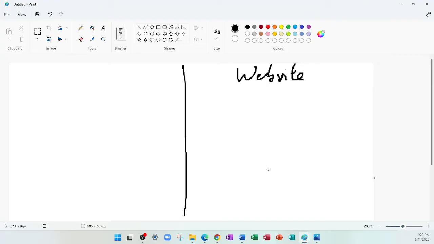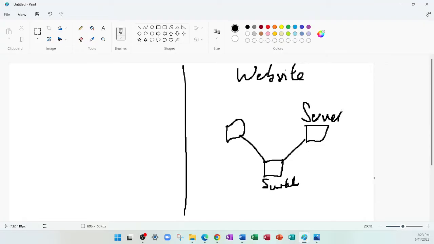Every network configuration around the world follows what we've been learning so far. They're going to have a switch, and then they're going to have their computers connected to the switch, creating their network. Now on that network, they're going to have a server, and this server is going to be a web server. So the website is going to be on this server here.